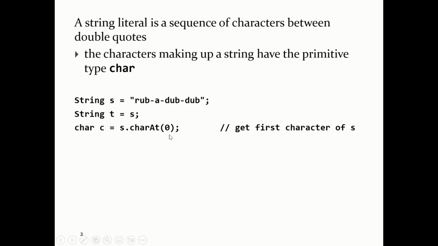The 0 here is the index of the character that you want to get. So that'll give you back the r in this case. 1 will be the index of the second character. The last character in the string has index equal to the length of the string minus 1. I'll explain how to get the length of a string in a moment.